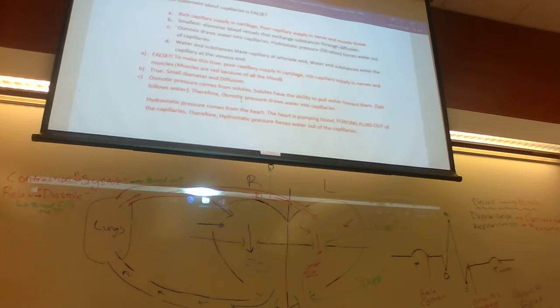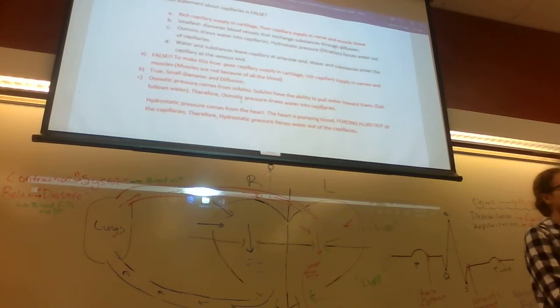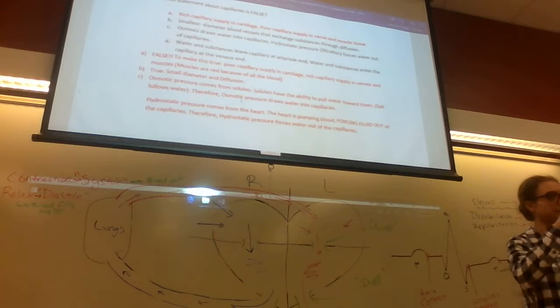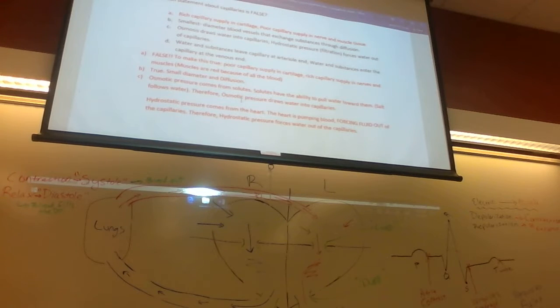Other true statements about capillaries, just little facts: they are the smallest diameter blood vessels that exchange substances through diffusion. The small diameter lets red blood cells line up single file and exchange gases such as carbon dioxide and oxygen through diffusion. That's what makes it true.